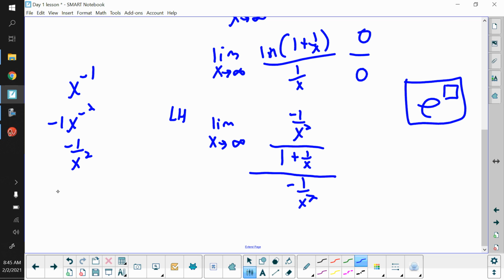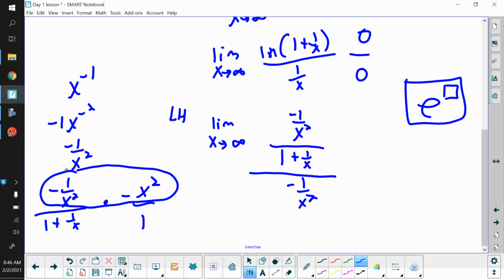Well, if we think of this as keep change flip, we have negative 1 over x squared over 1 + 1/x, and then times the reciprocal of our denominator, so it'll be negative x squared over 1. So these multiply together on top. A negative times a negative is a positive, and x squared times 1 over x squared is just 1.